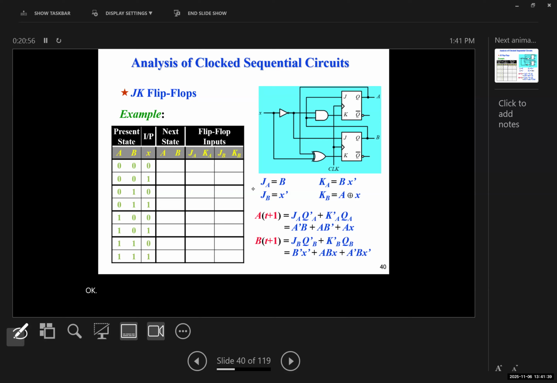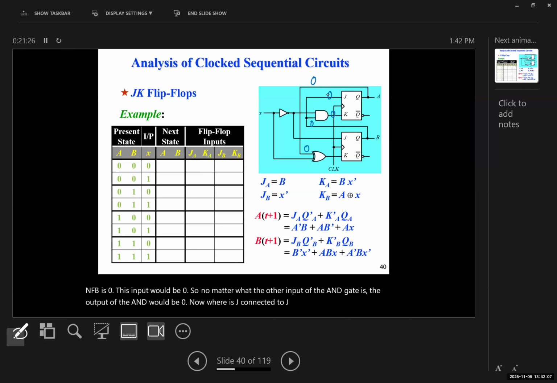So for the first line, if A and B are 0, 0, so if A is 0, then the input of this XOR would also be 0. And if B is 0, this input would be 0. So no matter what the other input of the AND gate is, the output of the AND would be 0. Now, where is J connected to? J is connected directly to B. So J and K are both 0.